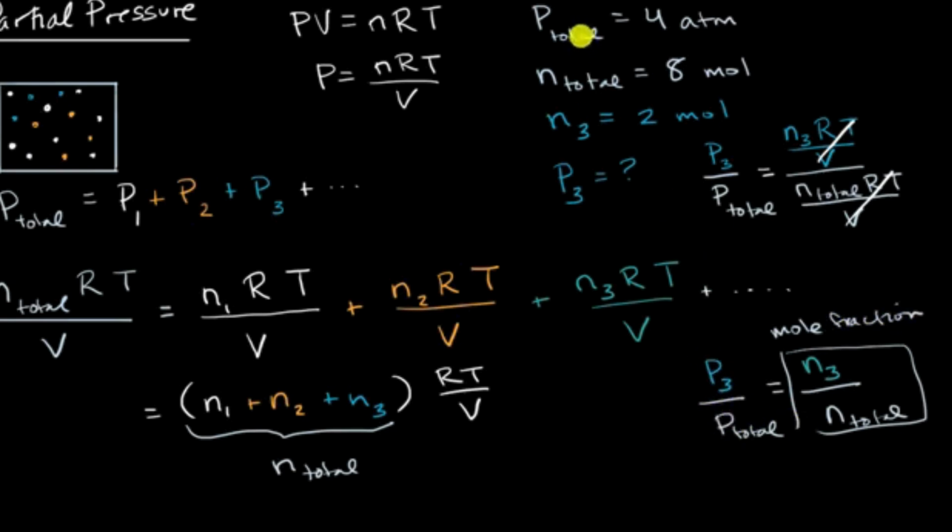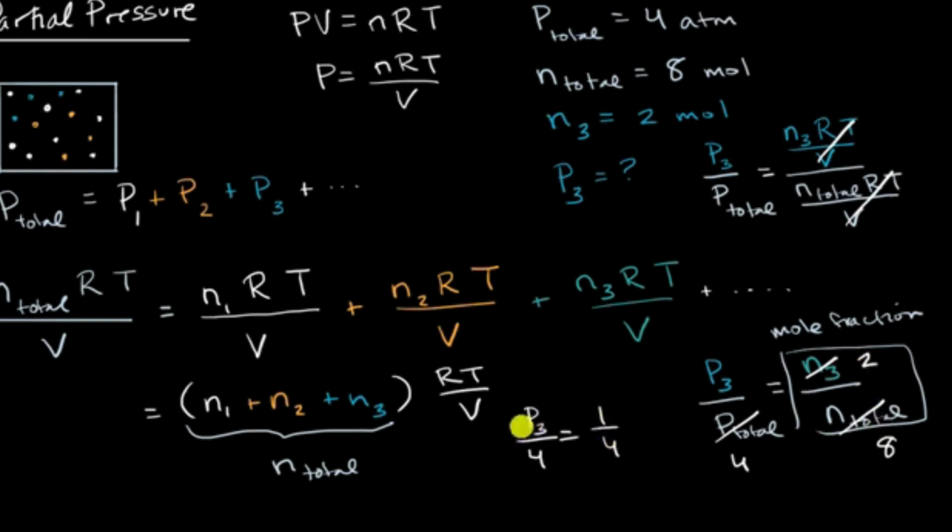So for this example, if we just substitute the numbers, we know that the total pressure is 4. We know that the total number of moles is 8. We know that the number of moles of gas 3 is 2. And then we can just solve. We get that the partial pressure due to gas 3 over 4 is equal to 2 over 8, which is equal to 1/4.